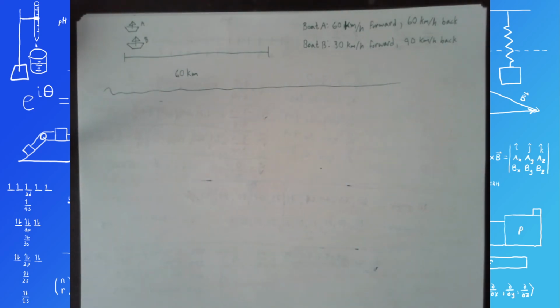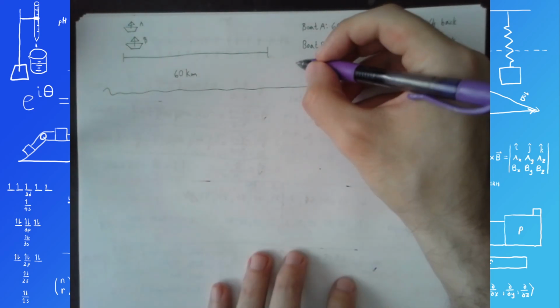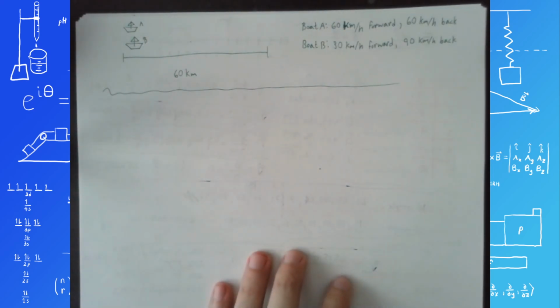Traveling 60 kilometers at 30 kilometers per hour would take 2 hours, while traveling that same 60 kilometers back at 90 kilometers per hour would take a little less than an hour, 2/3 of an hour, 40 minutes. We can do the math in case you couldn't keep up with what I did in my head just now.